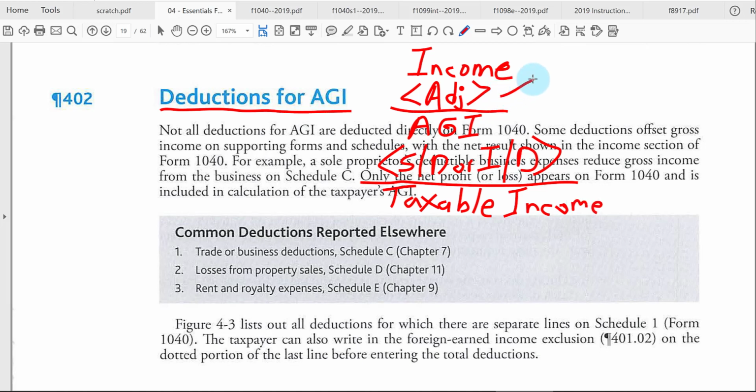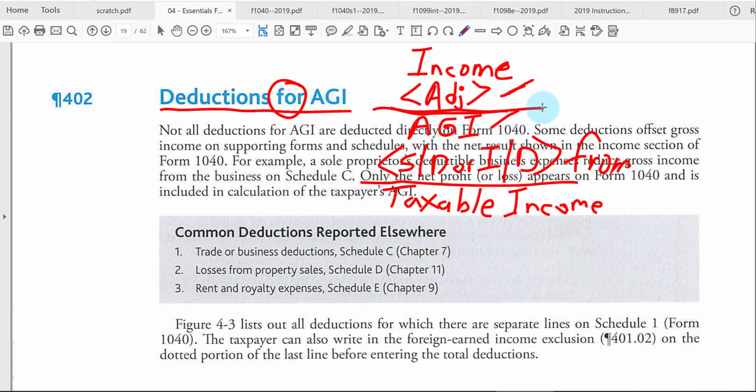So sometimes we say these are deductions for getting to AGI versus deductions from, subtracted from AGI, like the standard deduction or itemized deductions. Also, this line here is called the line.